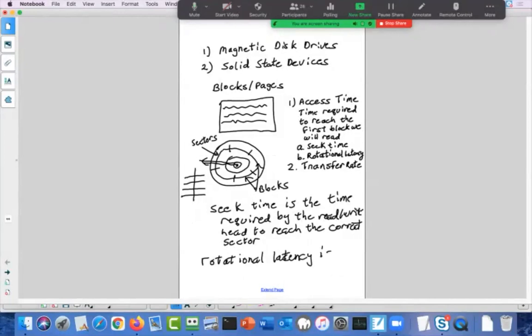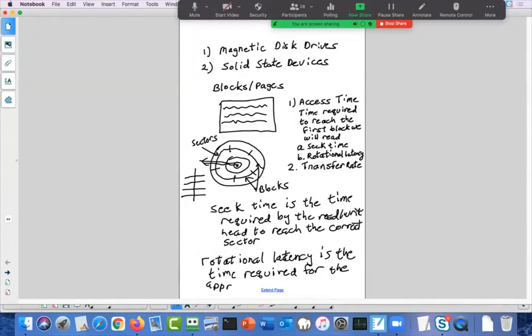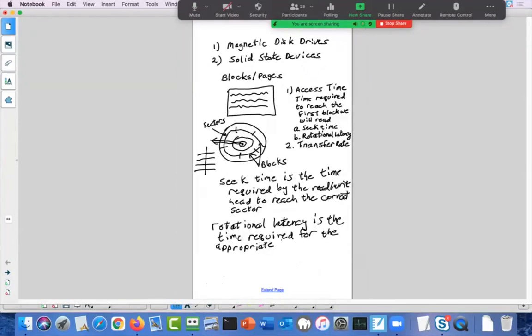Is the time required for the appropriate sector or appropriate block to rotate under the read-write head.